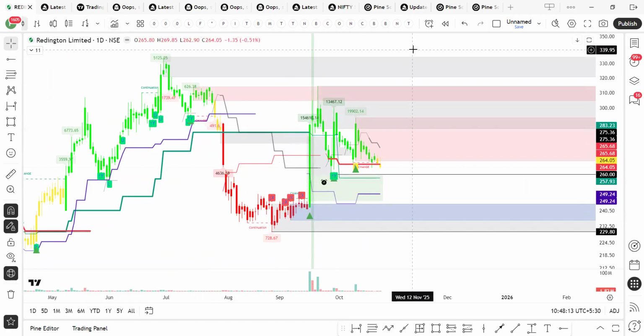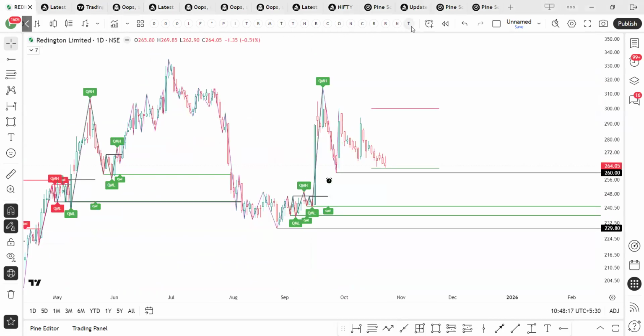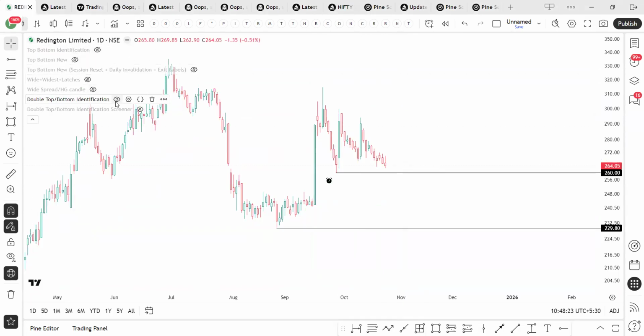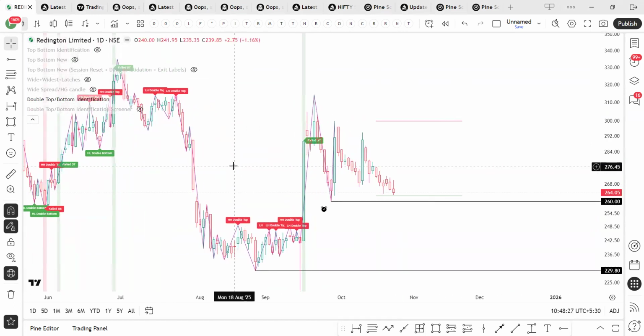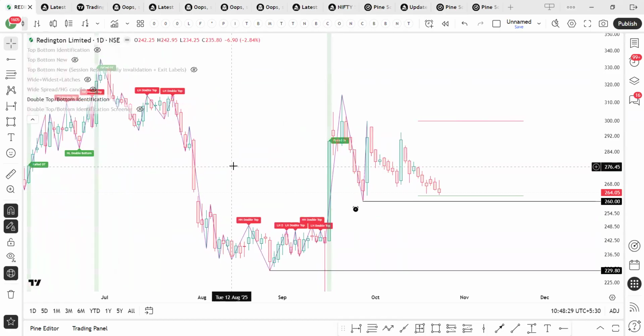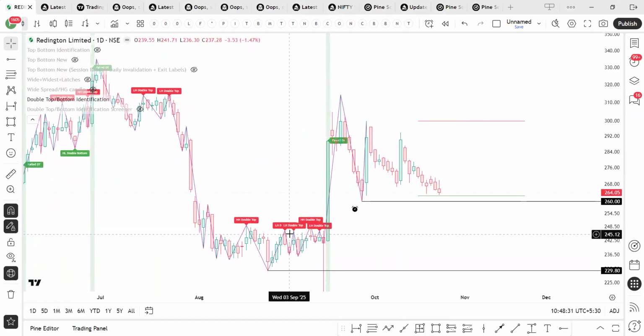So if I add the indicator of double bottom, there was a double top. This is also a double top, and this candle has broken above all that.